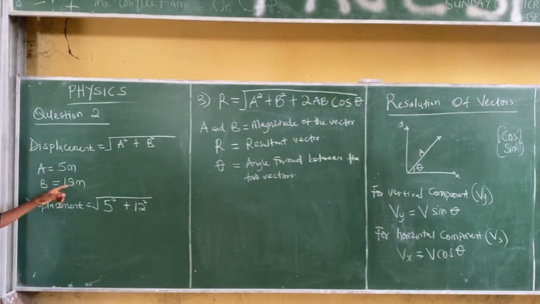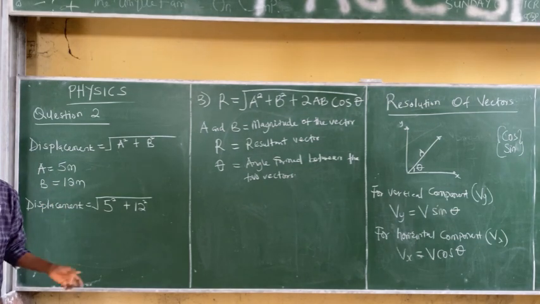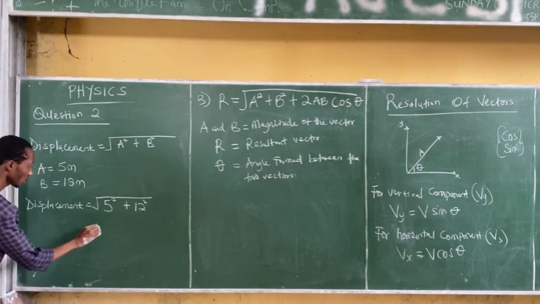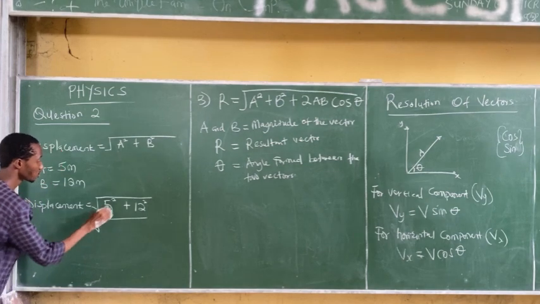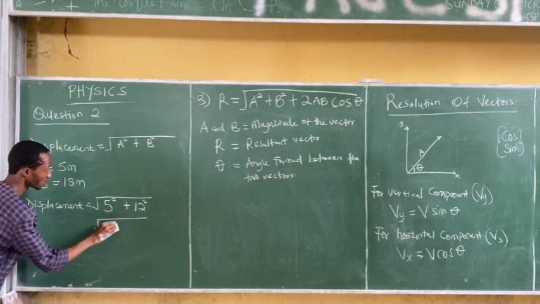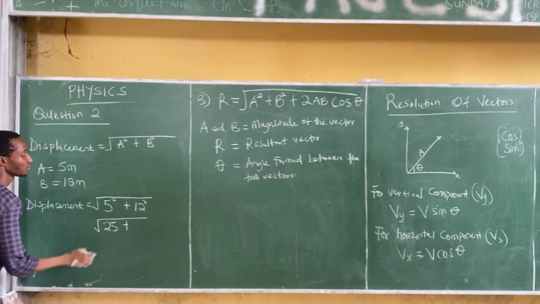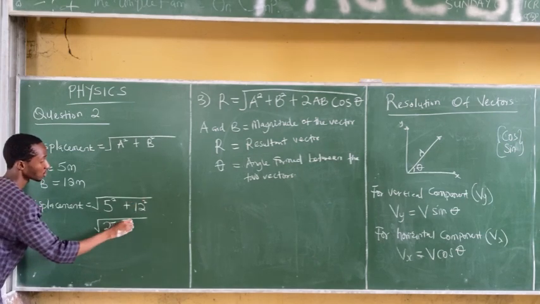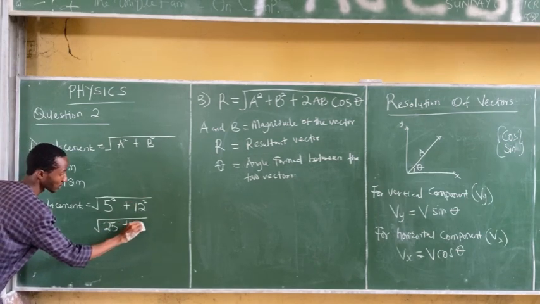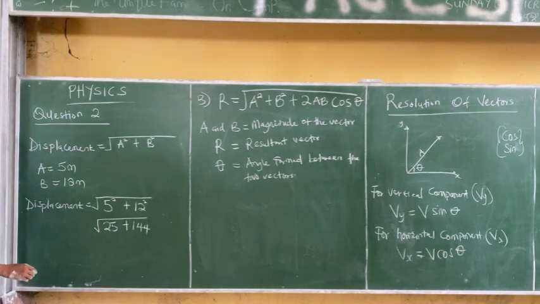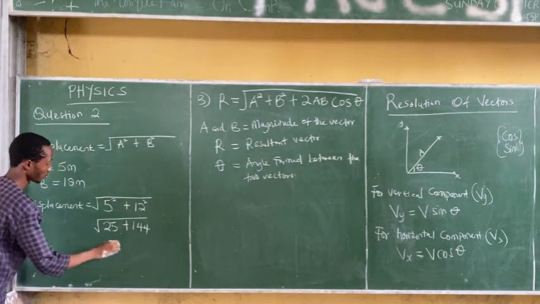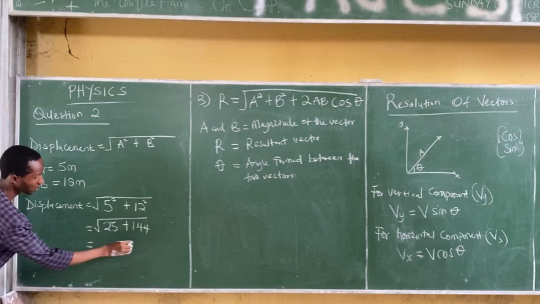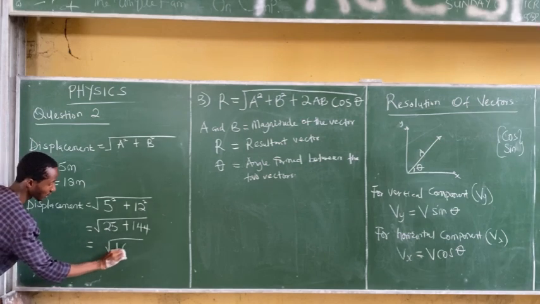This is the first distance and this is the second distance. 5 squared will give you 25, 5 times 5, 25. 12 times 12 will give us 144. 25 plus 144 will give us 169.